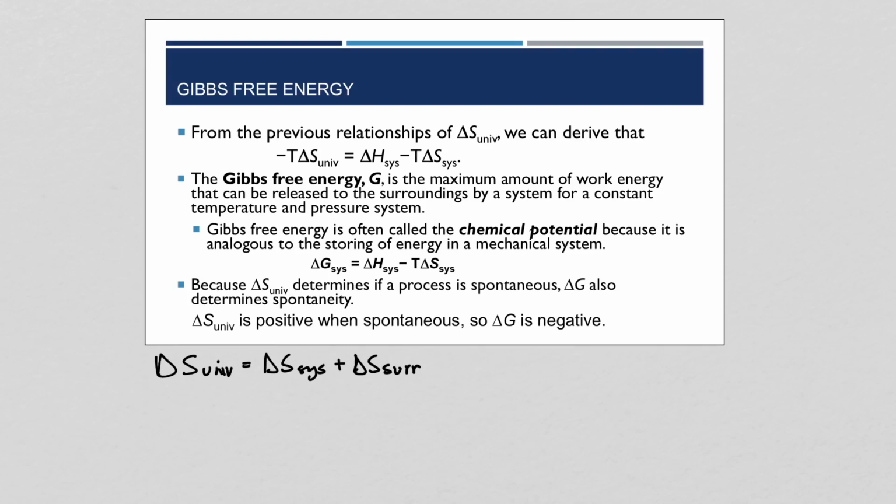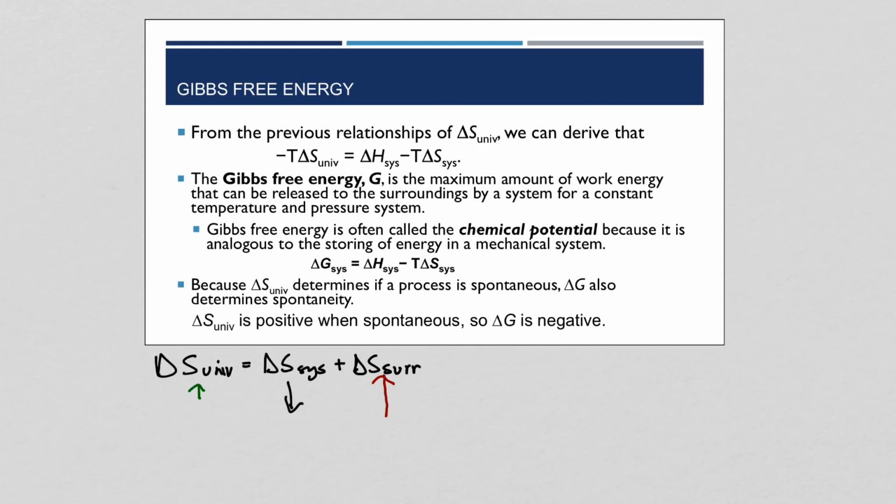So if a system had a decrease in entropy, then that means the surroundings had to have a bigger increase in entropy so that the universe would have an overall increase in entropy.